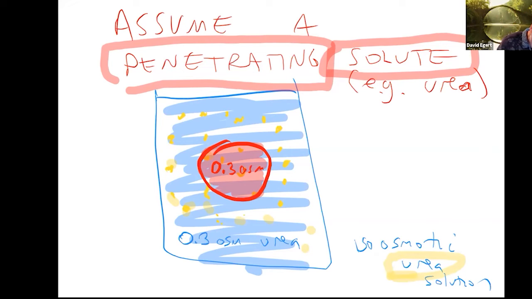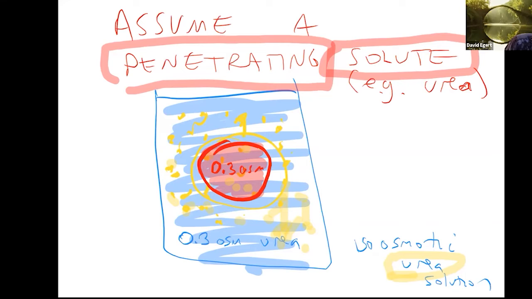So how much urea is in the cell to start with? None. But there's a whole bunch of urea outside. Which direction does the urea want to go if we just look at the diffusion gradient of urea? It wants to go into the cell, high to low. It's 0.3 out here, 0 in the cell.